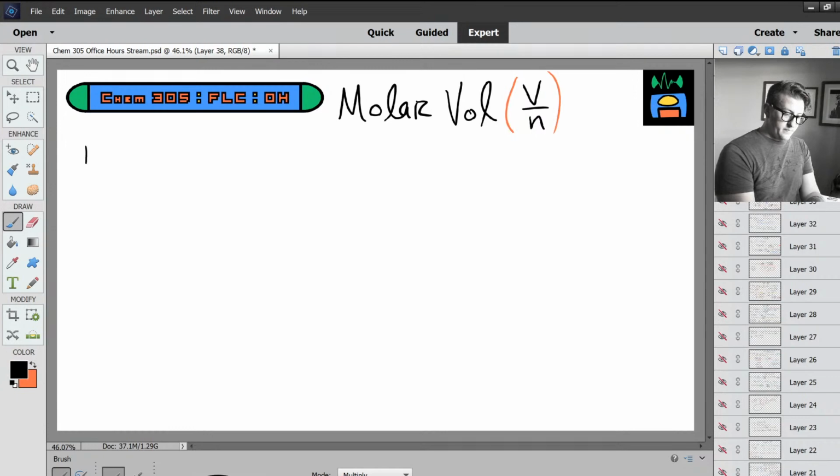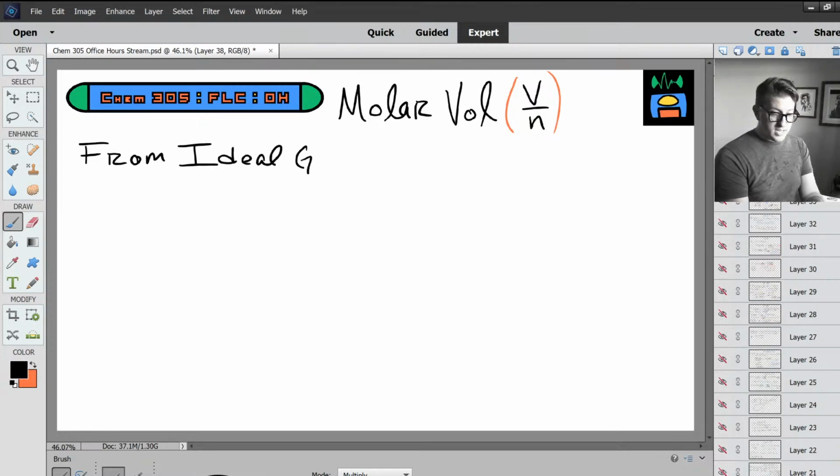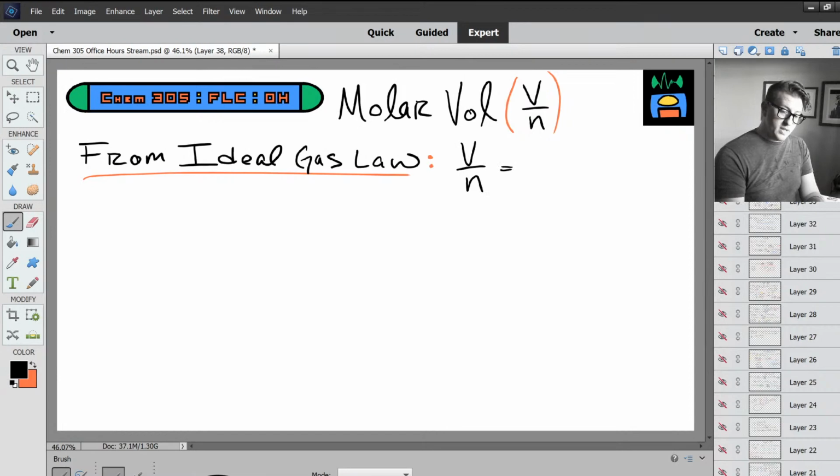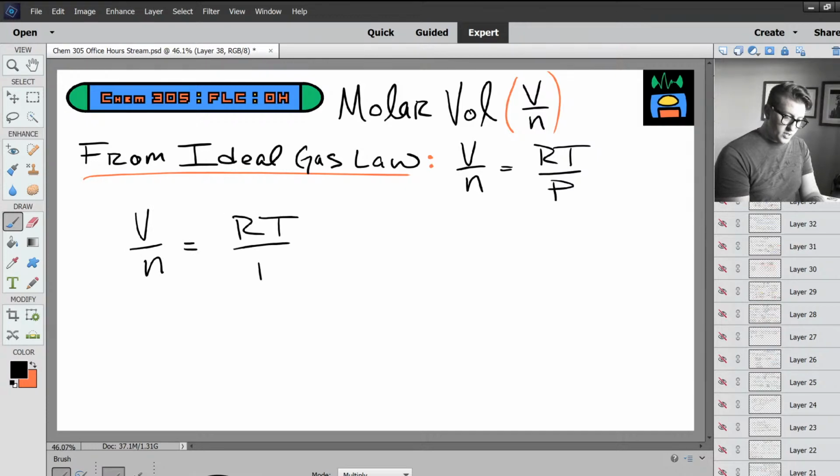I'm not going to repeat the algebra here because I did it earlier in the office hours, but from the ideal gas law, you can rearrange it so that molar volume is equal to R times T over P. When you solve the ideal gas law for molar volume, that's what you get.